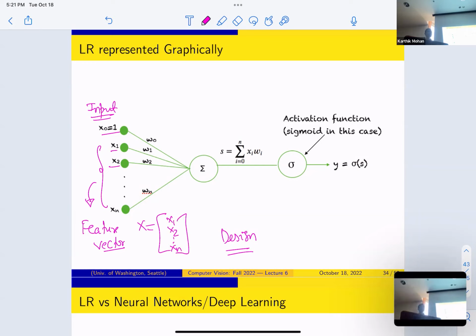A feature vector is some representation of your data. You might have processed your data. For example, if you have an image, you might have done some processing on the image, done some convolutions, and those can fill in as x1, x2, x3, and so on. So x1 might be a convolution of this image with this kernel. And then you say x2 is something else. So you can take all of these features and put them together.